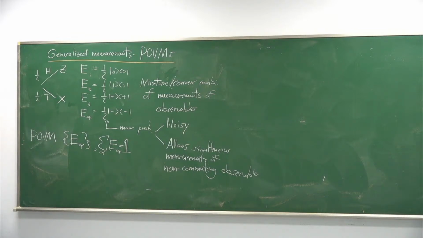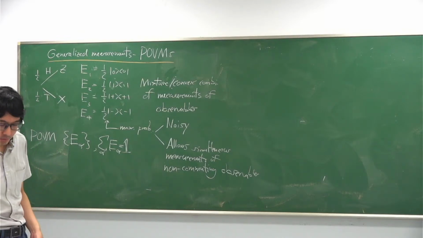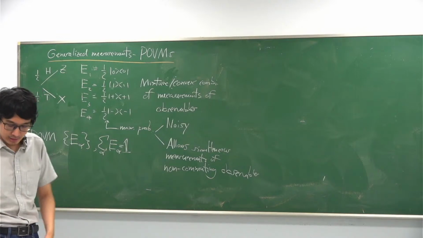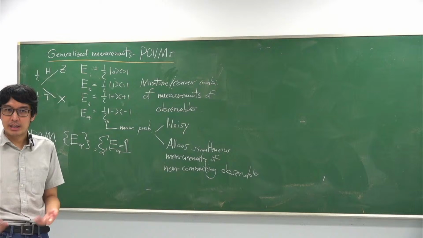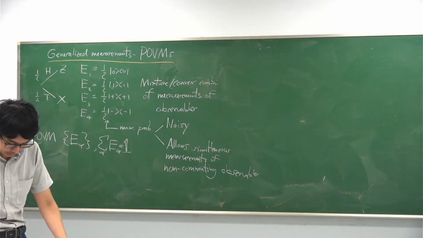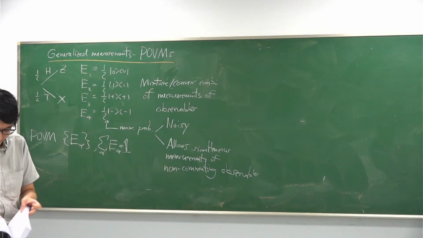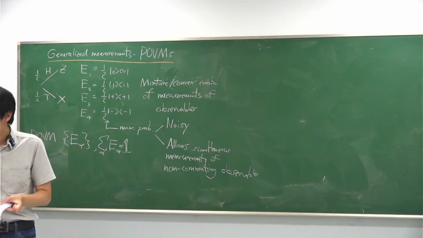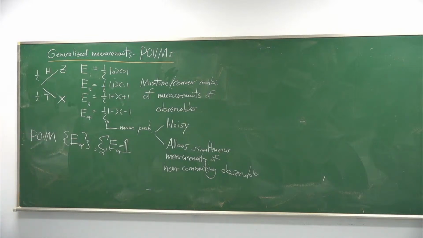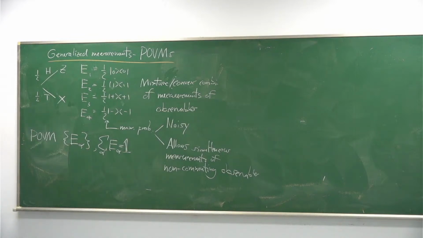There's a whole book that's been written on measurements. You may ask, if my measurement is not a projective measurement, what are the classifications of other kinds of measurements? There's a diagram of all kinds of measurements that people think are important enough to name them, but we're not going to get into that.